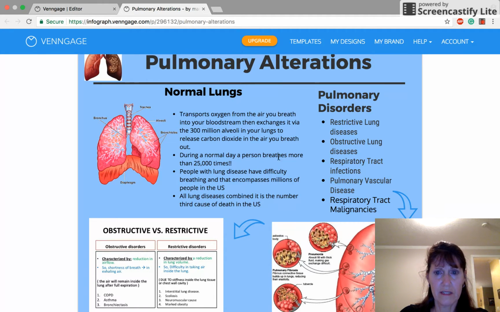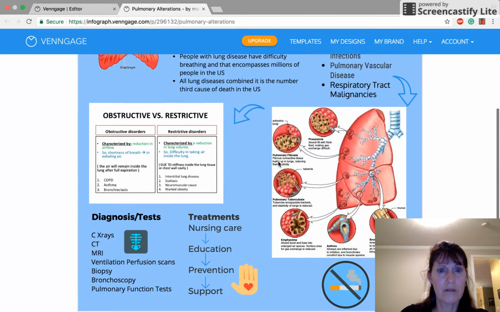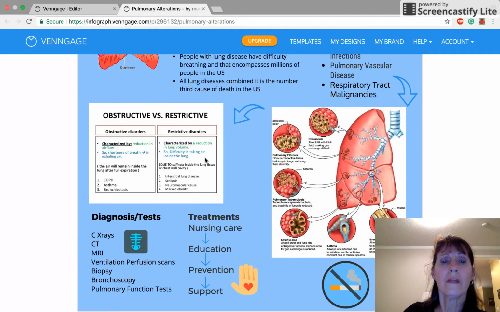Restrictive lung diseases, you look down here, are reduction in lung volume. There's decreased compliance of lung tissue. Therefore, it results in increased work of breathing. It usually affects the alveolar capillary membrane, causing a decreased diffusion of oxygen from the alveoli into the blood, resulting in hypoxemia.